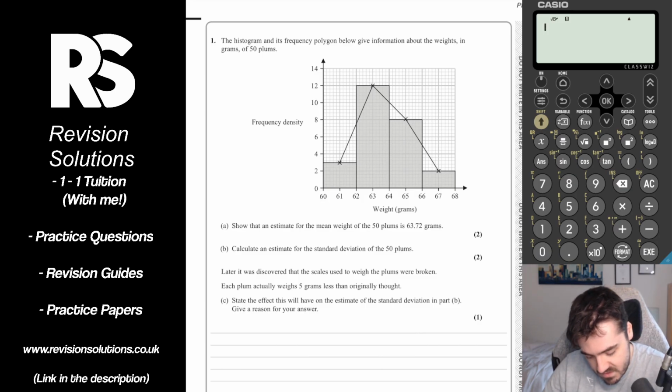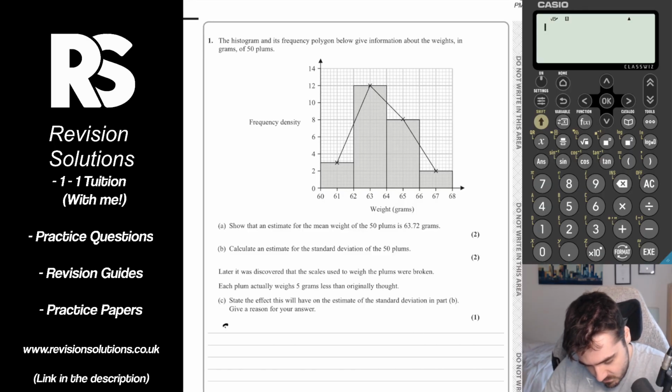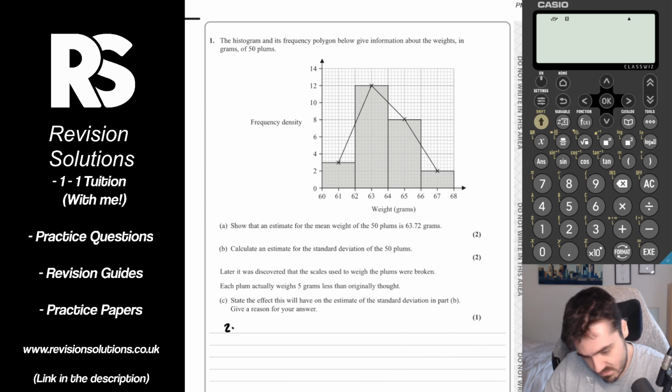For this first set from 60 to 62, we can get the frequency by doing the area because it's a histogram. So that'd be 2 times 3. Then we take every data point to be effectively 61, as that's the midpoint of the set.